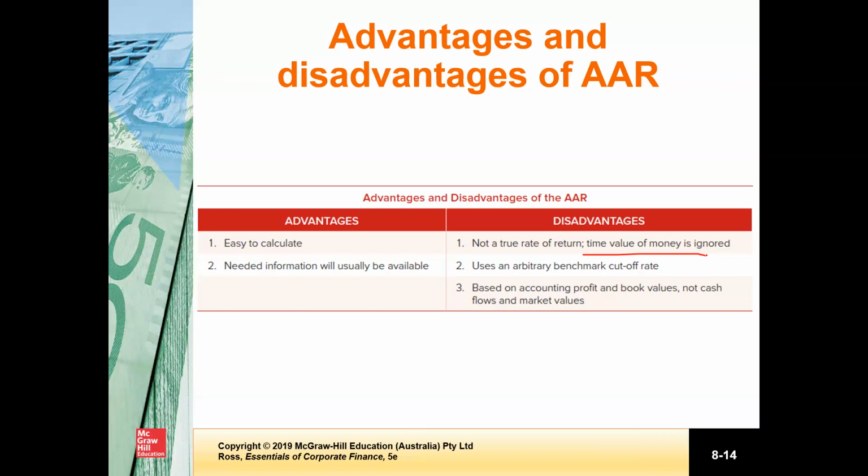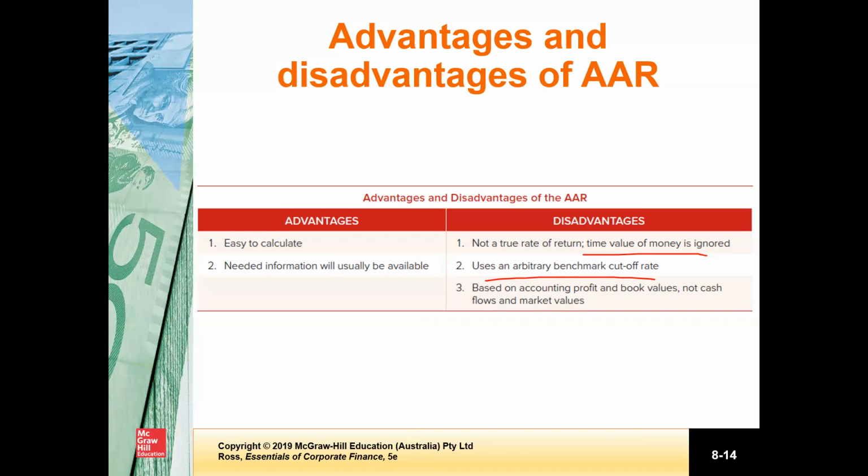The second problem is similar to the problem of the payback period, that it has an arbitrary benchmark cutoff. Like for payback, we also discussed that payback has an arbitrary cutoff. So it also has an arbitrary cutoff rate. Since a calculated AAR is really not comparable to a market return, the target AAR must somehow be specified.